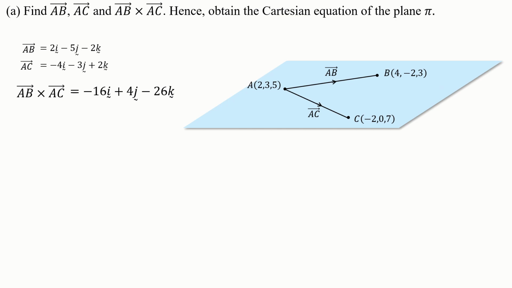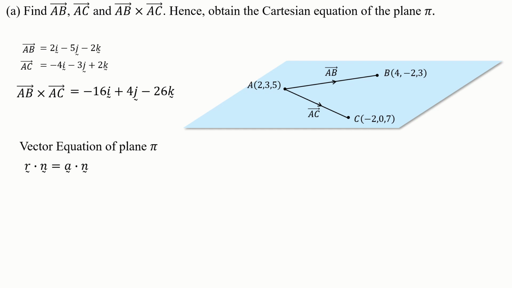Alright, so we already have AB cross AC, and next we need to find the Cartesian equation for the plane pi. To form the Cartesian equation, we must start from the vector equation for the plane first. The formula for the vector equation of the plane is r dot n equals a dot n.